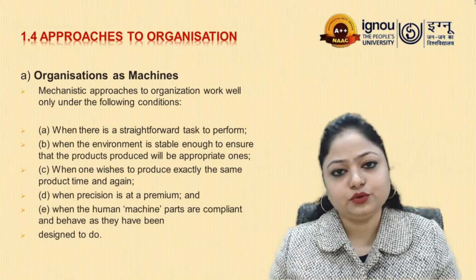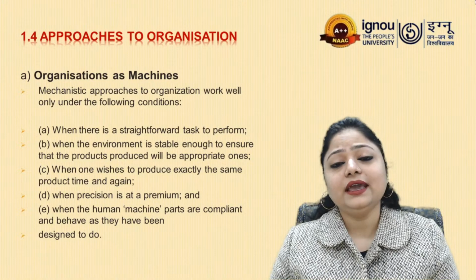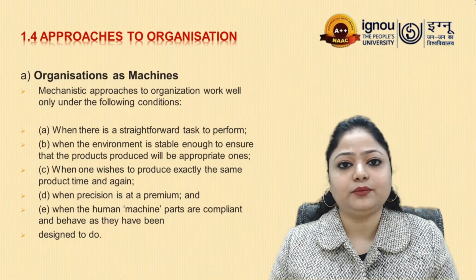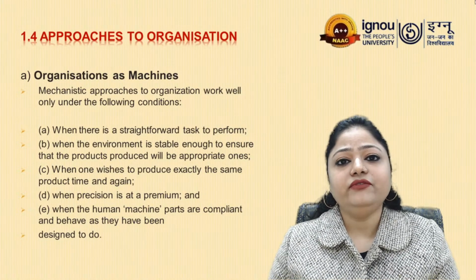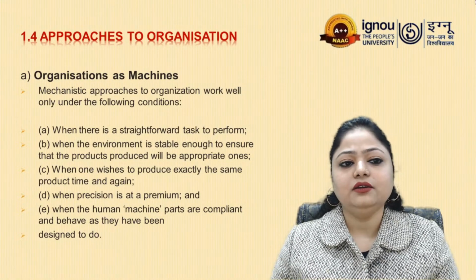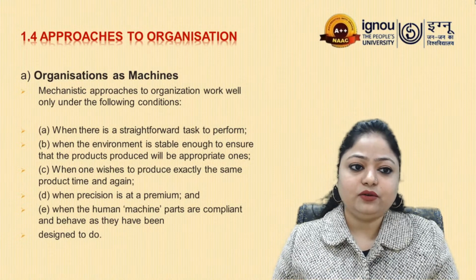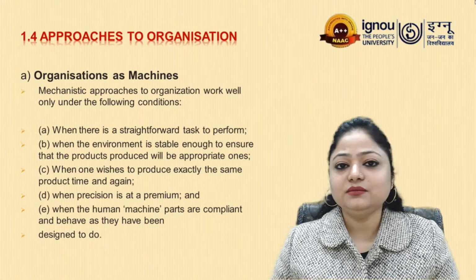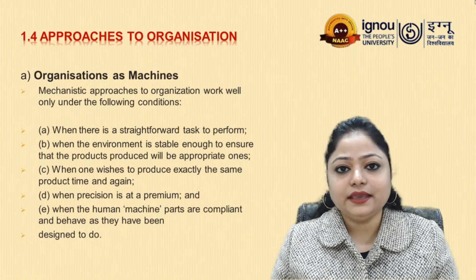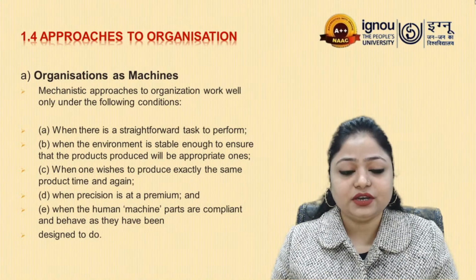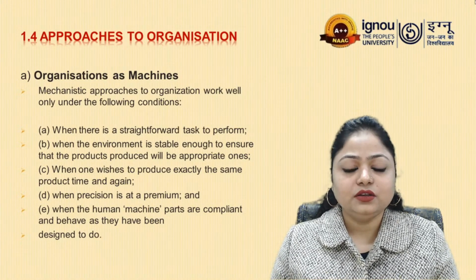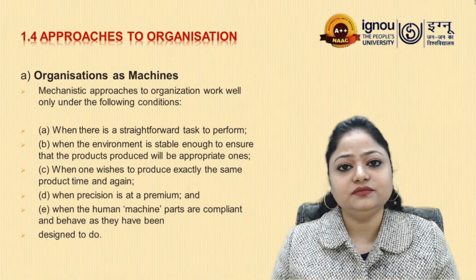Now there can be various approaches to organization, meaning that we can view organization like a system, like a machine, like a political system, like a political party. So we can view organization or understand it from various perspectives. Here we are trying to understand organization as a machine. A machine has several parts and it functions at a particular time as per the desired outcome, and those parts together work on the basis of certain energy and give us a certain output.